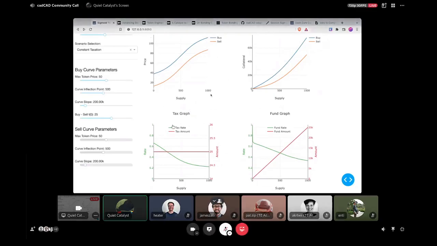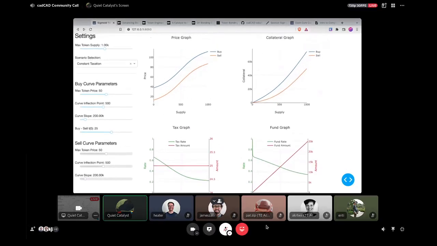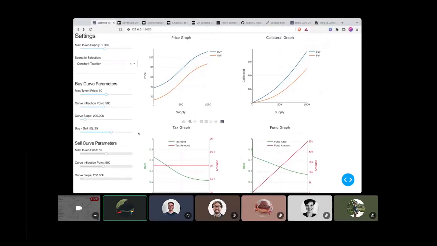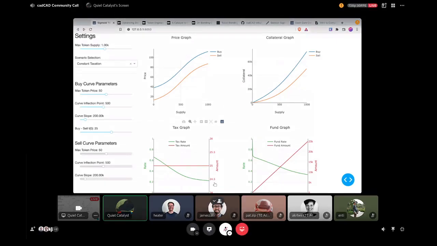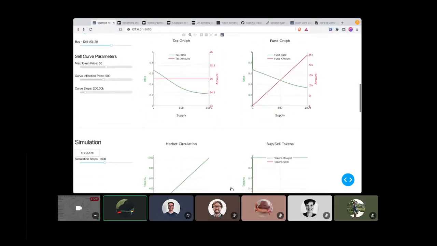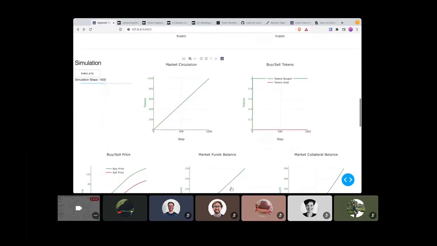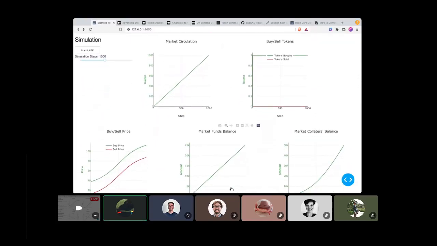So this is kind of a sandbox for playing with potentially different settings on the bonding curves and basically what's going to govern how the system is managing funds. And then below, we can simulate what actually happens in this system if we run agents through the system.